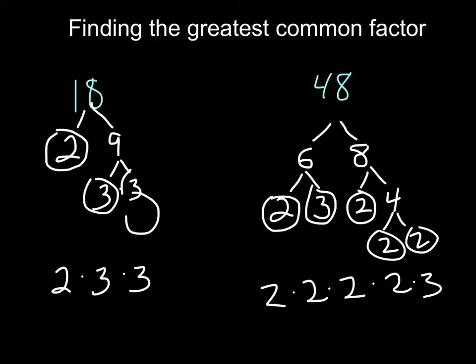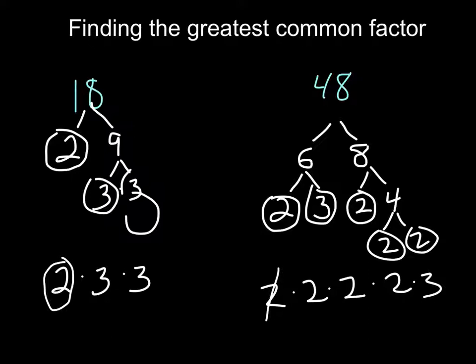Now what I'm going to do is look for common factors between these two sets of numbers here. I have a 2 here, and I see that's a common factor. It matches up with one of the factors in the other number. So now what I do is I circle this, and I cross out the one it matches with.